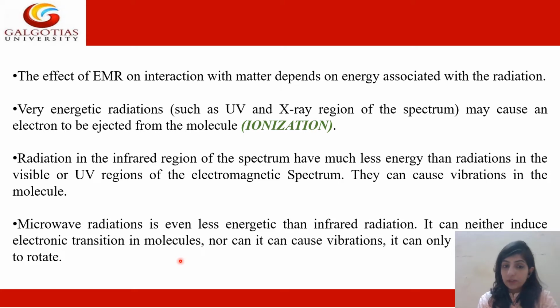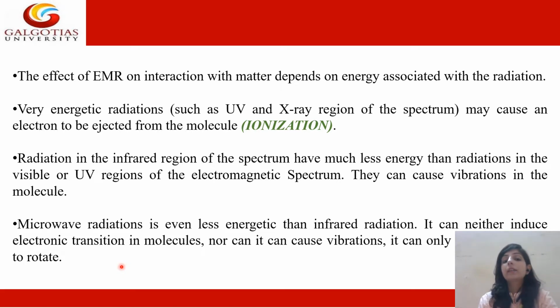Much less energetic radiation, like microwave radiation, is even less energetic in comparison to IR radiation, so it is unable to produce vibrations even. So it can neither produce electronic transitions in the molecule nor produce vibrations. What it can do is that its energy is just sufficient to cause rotations in the molecule.